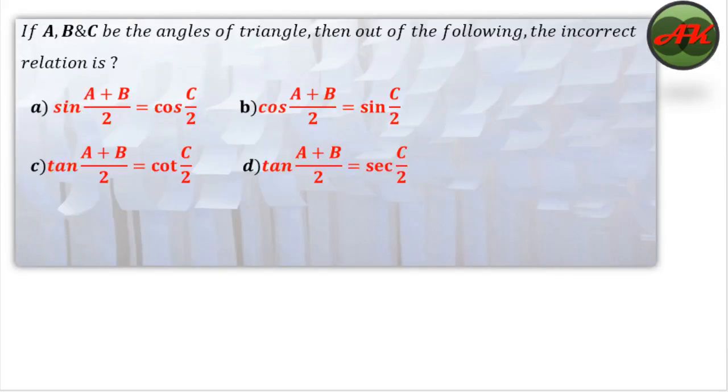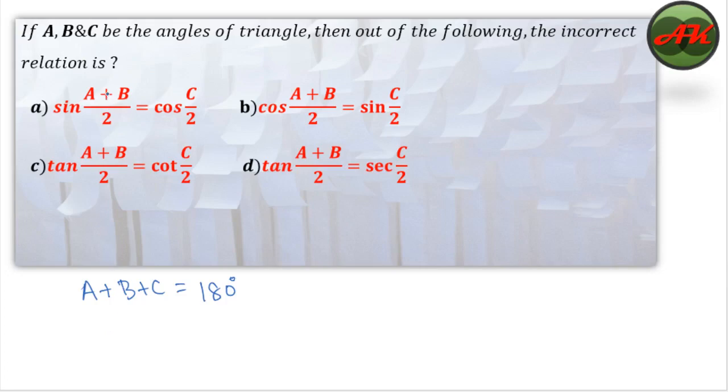Now the next problem. If A, B and C be the angles of triangle, then out of the following the incorrect relation is. They are asked to find the incorrect relation given in the option. Okay, let's take A plus B plus C are angles of triangle. Angles of triangle means it can be 180 degree altogether.